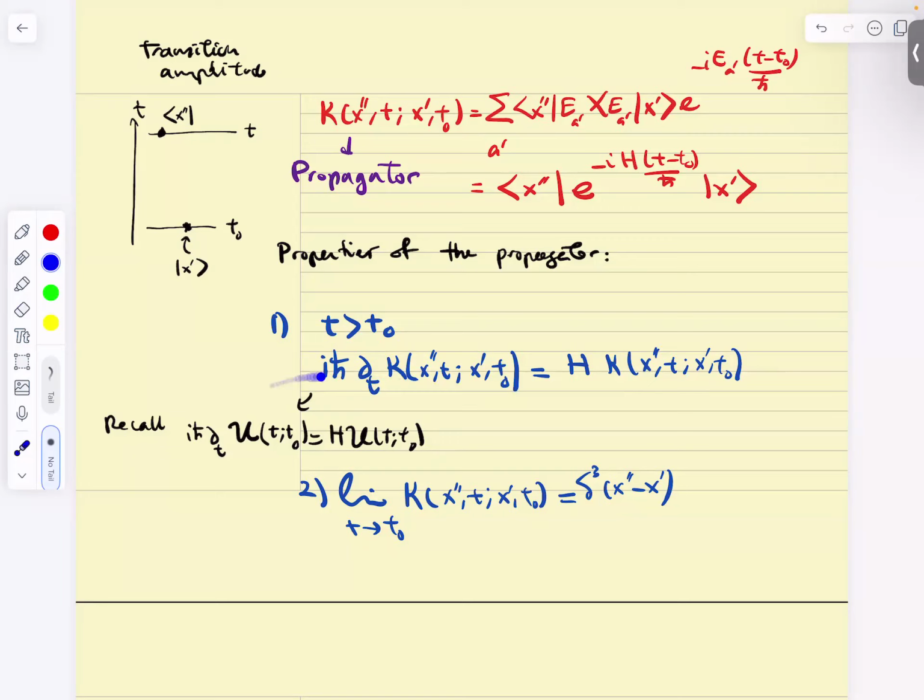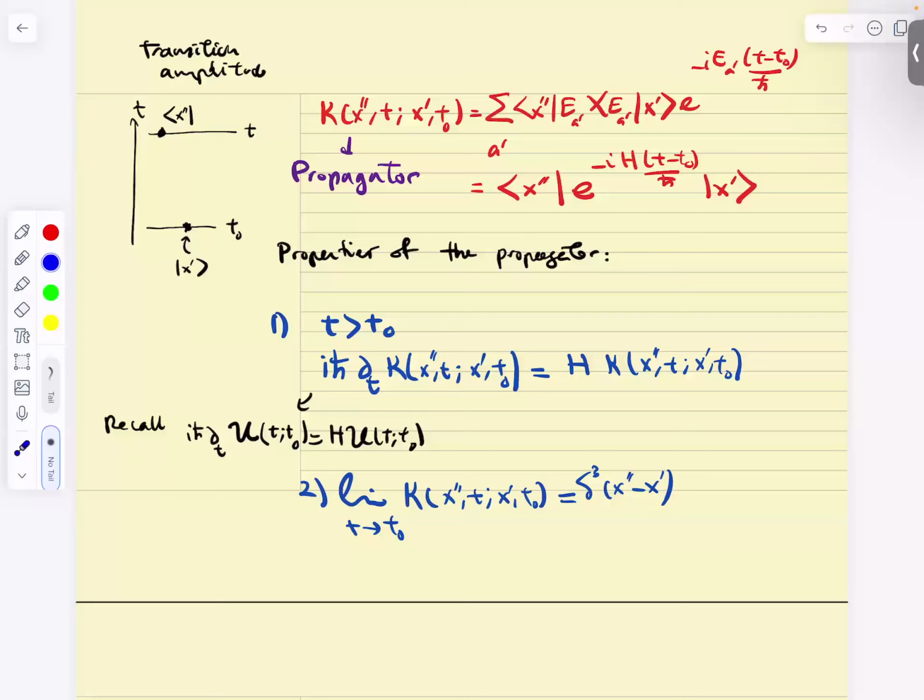You guys recall this, right? This is what we first had and then derived the Schrodinger equation from. So this is property number one. Property number two is if you take the limit of t going to t naught, it's basically calculating this bracket, x prime, x double prime.